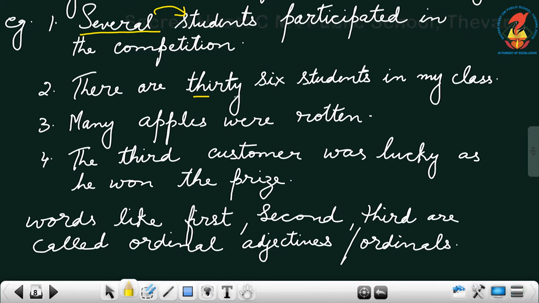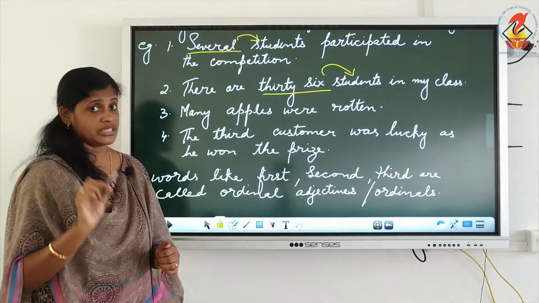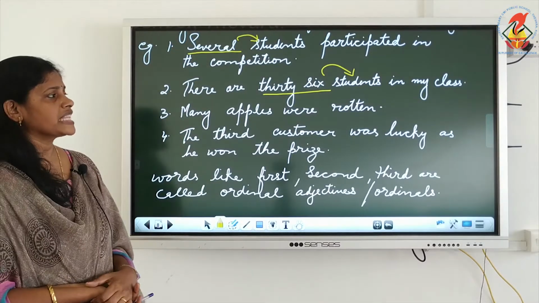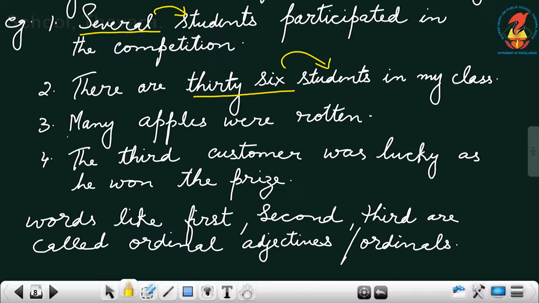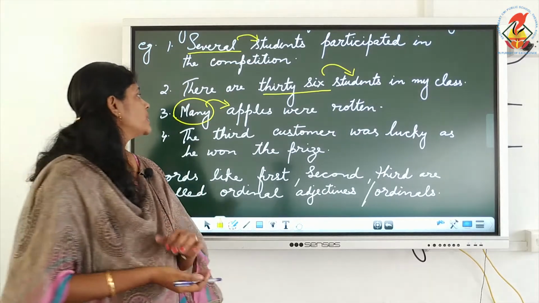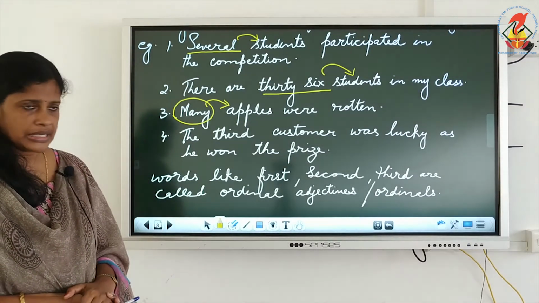And this number 36 describes students. How many students? 36 students. So 36 is the adjective of number. Many apples were rotten. The word many is describing the apples. You can count the number of apples, isn't it? So the word many is an adjective of number.